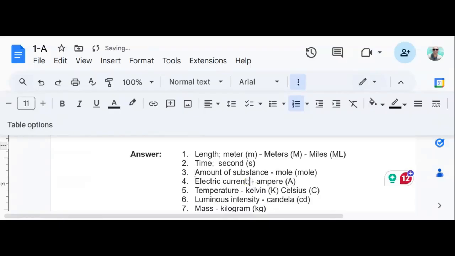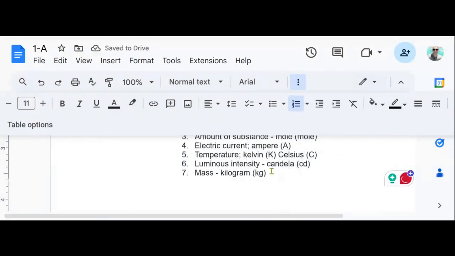Okay. What about electric current? What do you use for electric current? Ampere, volts, watts. Also, we have what? Temperature. How can we measure temperature? Kelvin, Celsius, Fahrenheit. Right. Okay. What about mass?